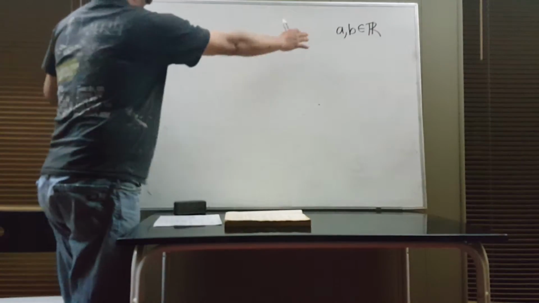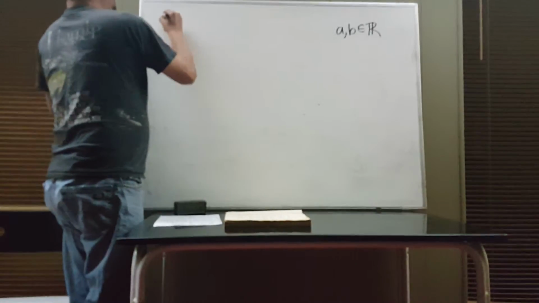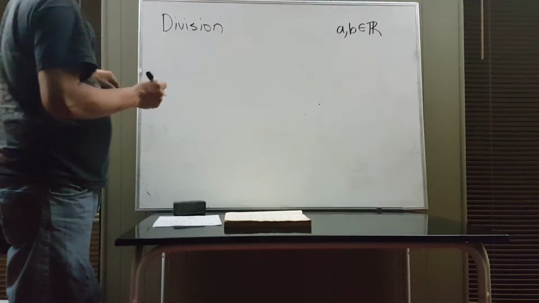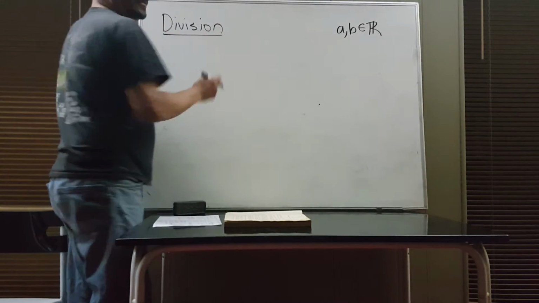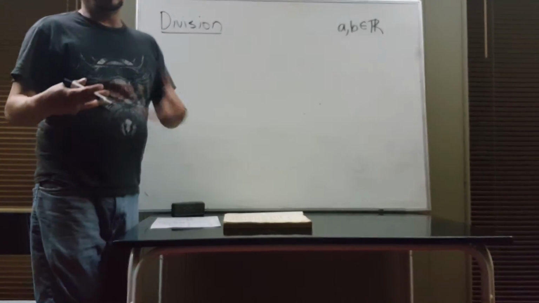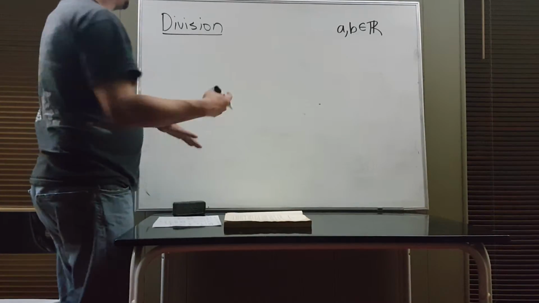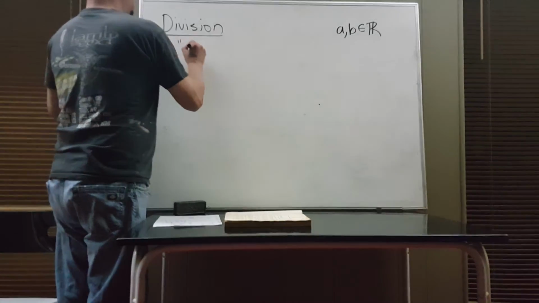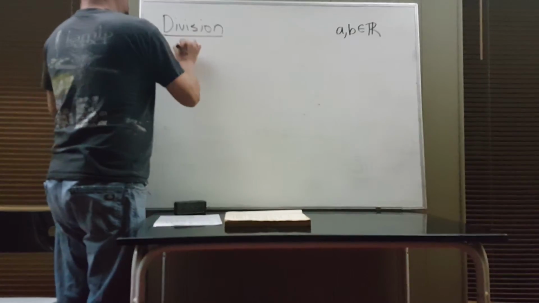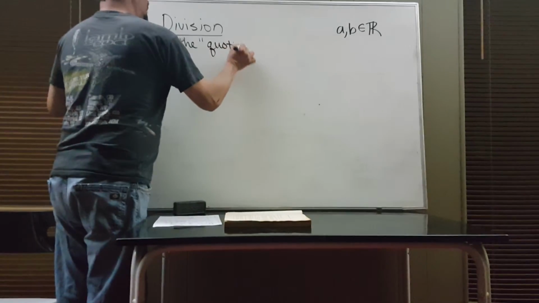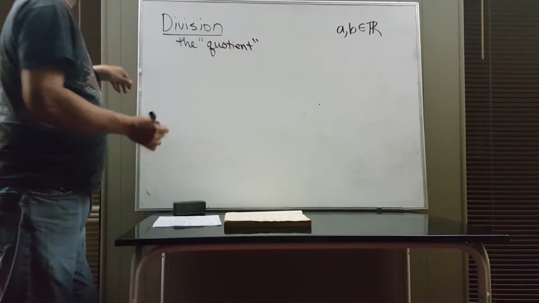And there's an exception to the rule here with division. And I want to explain why before I get into the notation of division. Because a lot of people don't struggle with the notations of division, although there are several of them. The division is the quotient. The quotient is the key word for division.